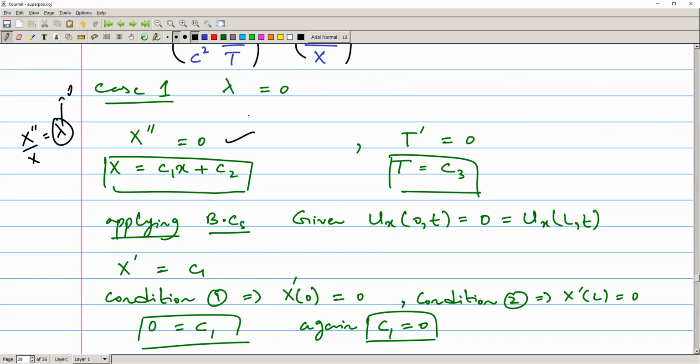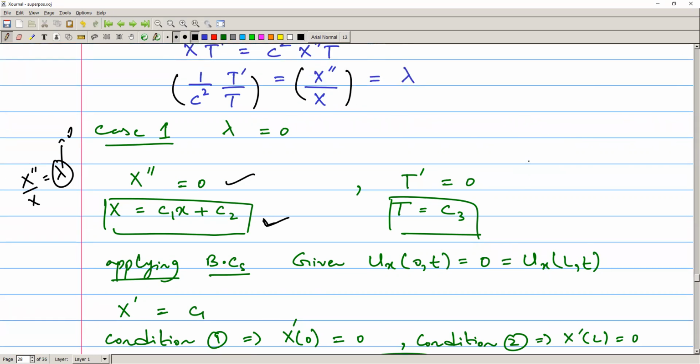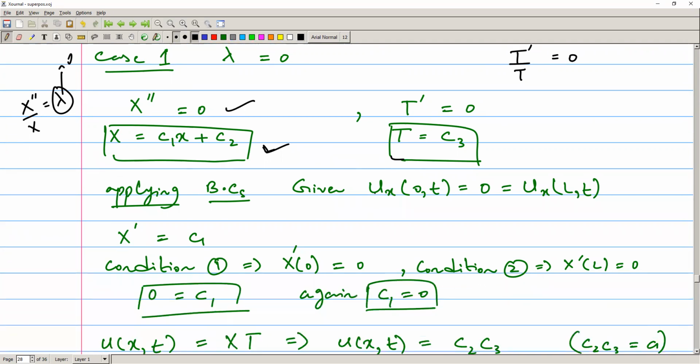We integrate this twice, so we get the solution c1x plus c2, right? And for T prime, we have T prime over T equal to 0, so we are left with T prime equals 0. When we integrate this, we have a constant only on the right hand side, so T is equal to c3.